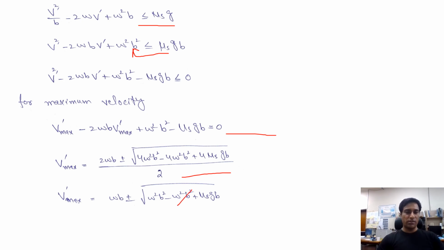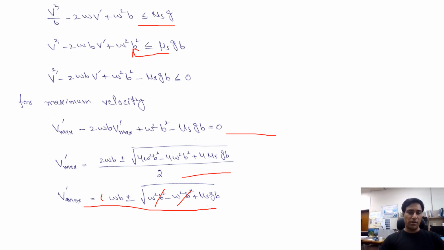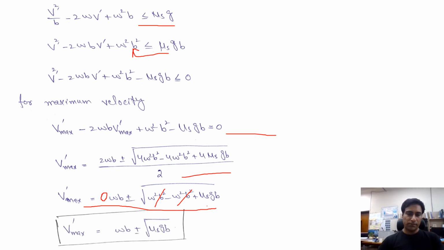These two terms are the same with opposite signs, so we cancel them. You can see the difference of this equation from the previous one: the difference is only in this part, the sign. This is the positive sign, but in the previous relation there was a negative sign.